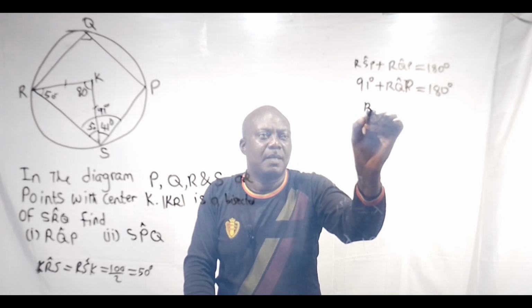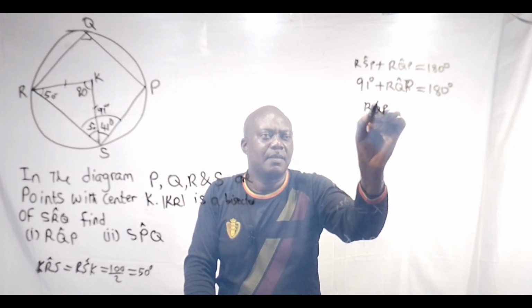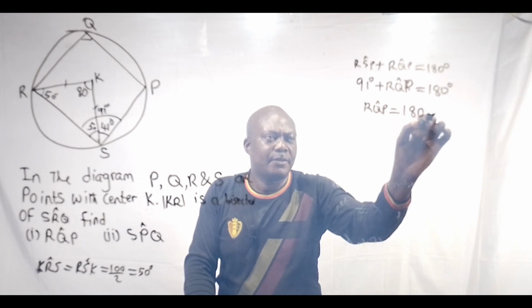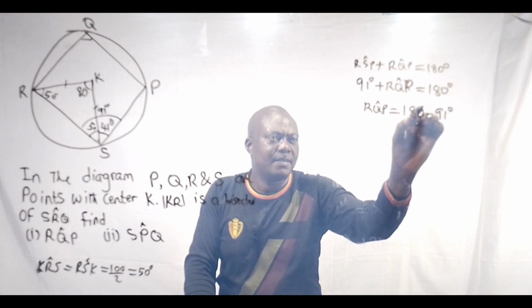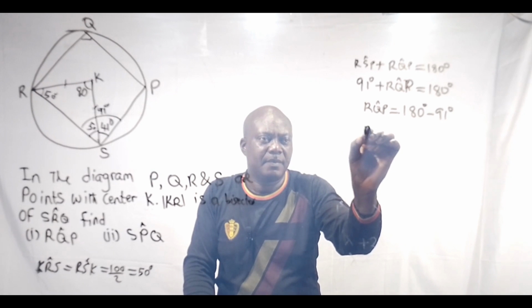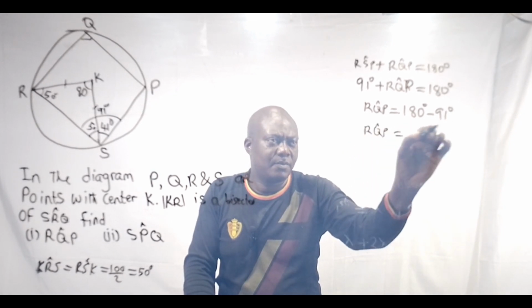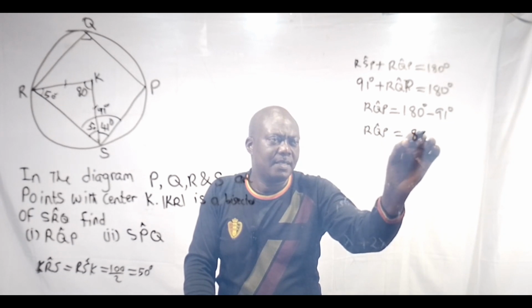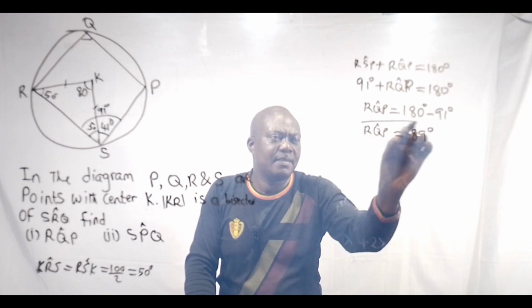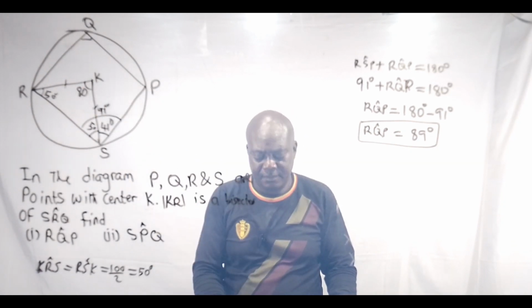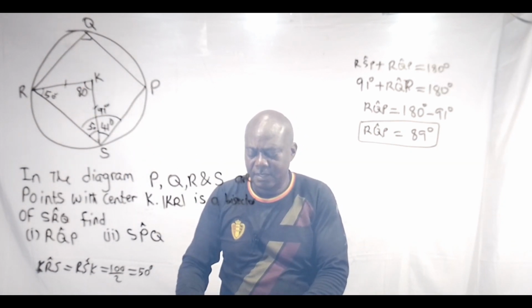So RQP will be equal to 180 degrees minus 91 degrees. Therefore, RQP will be equal to 89 degrees. 89 degrees. So you have gotten the first one.